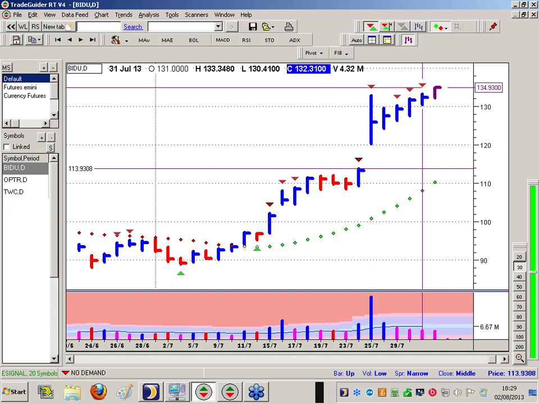But before they go any further, they need to drift off back down and test that level. So that's what you would expect with a chart looking like this. Okay?